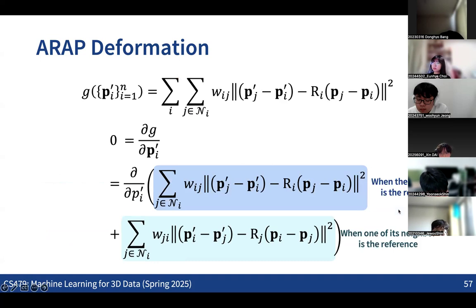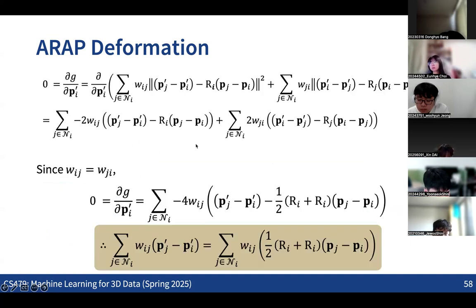We just need to take the gradient of the whole formulation with respect to the position of each vertex. After rewriting the formulation and cleaning up, we end up getting this formulation, which can be rewritten into a simple matrix form.